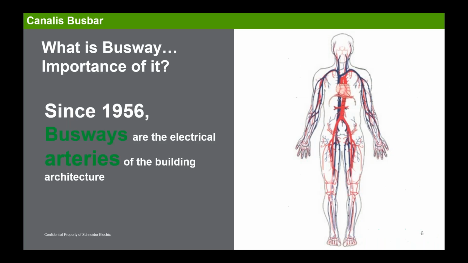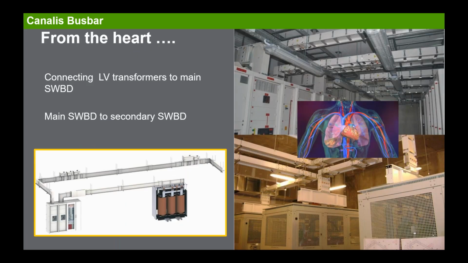If I move to the next one, again I will not spend too much time on this, but I want to share a little bit of the history of the busbar and what it means, and to create a correlation with the human body. Since 1956, we have had busway in our markets, considered as the electrical arteries of the building architecture, from the heart.